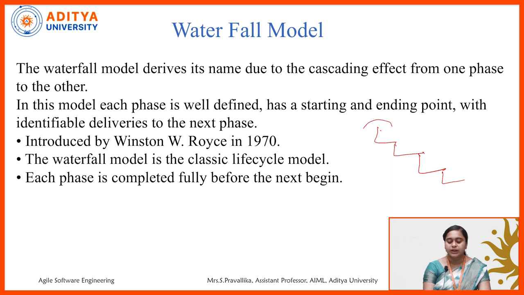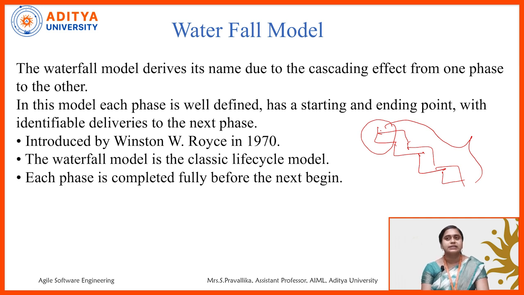Until we complete the first phase, we are not supposed to move to the next phase. This is the cascading effect: moving from one phase to another after completion of each phase.